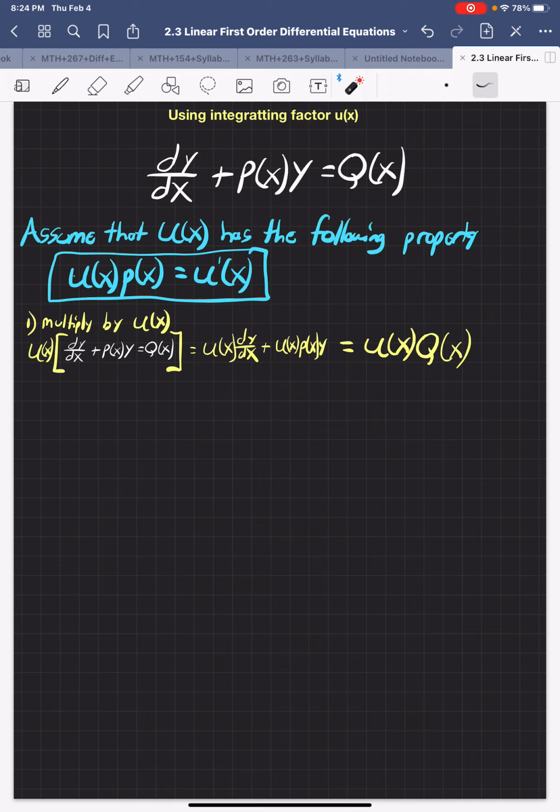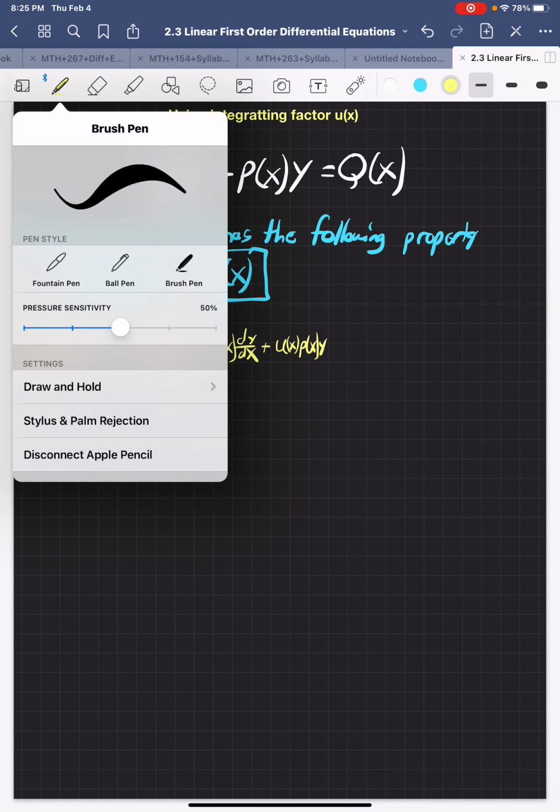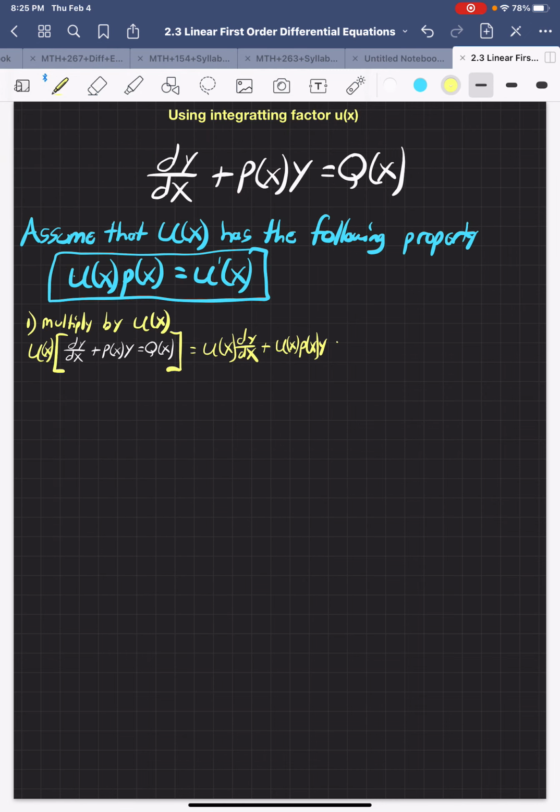So we took our standard form of our linear differential equation, we distribute a u of x, and now we are, my apologies, I have to write this a little bit smaller. That gets us to here.